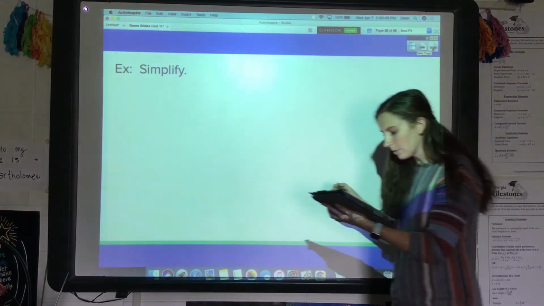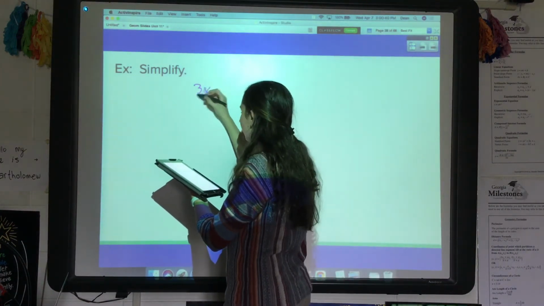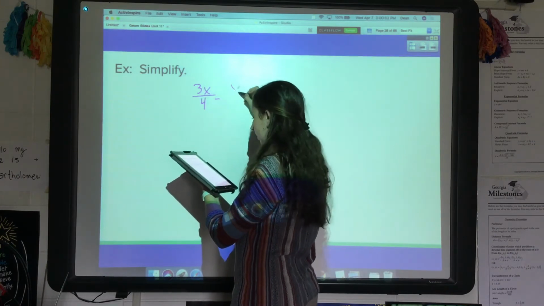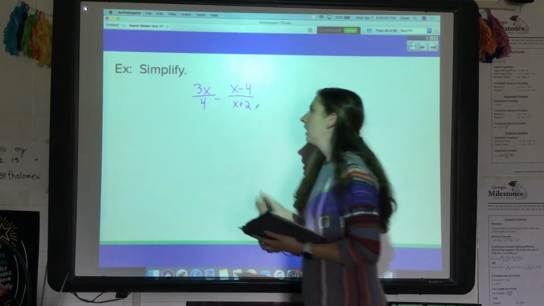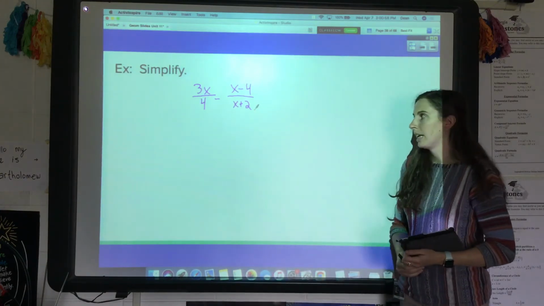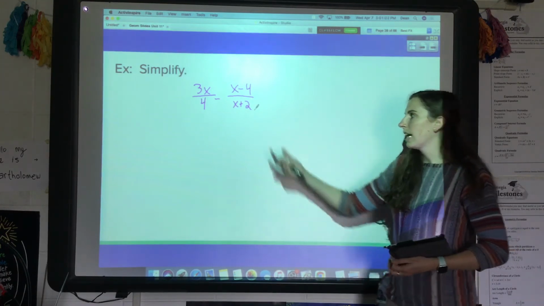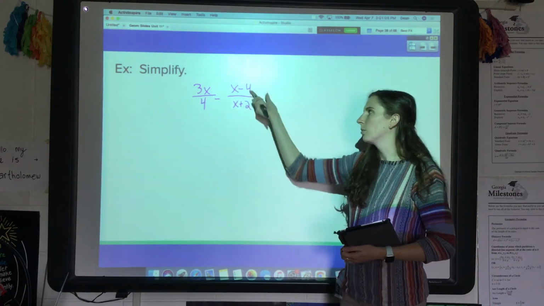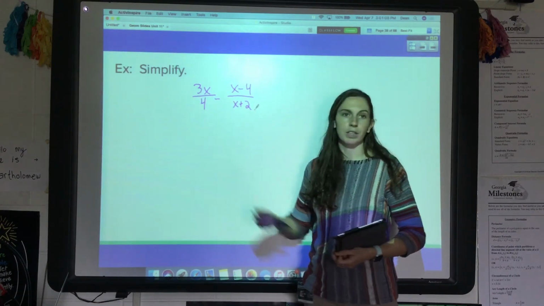All right, let's see what happens if they do not have a common denominator. So for example, here we do not have a common denominator, so we're pretty much going to do what we did with the number fractions. Just take a 4 and multiply it over here, and take x plus 2 and multiply it over here.